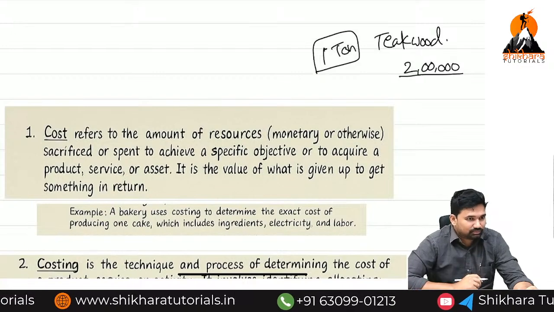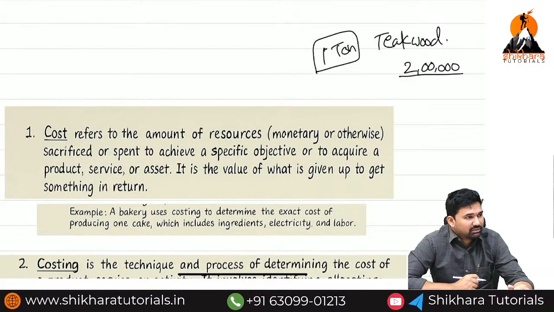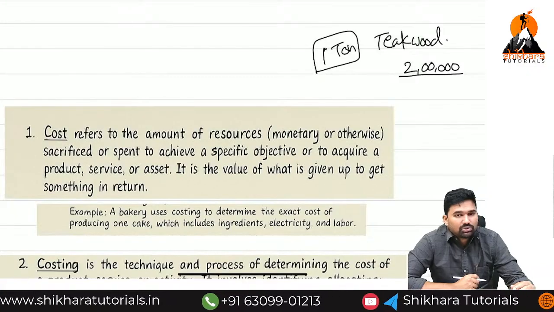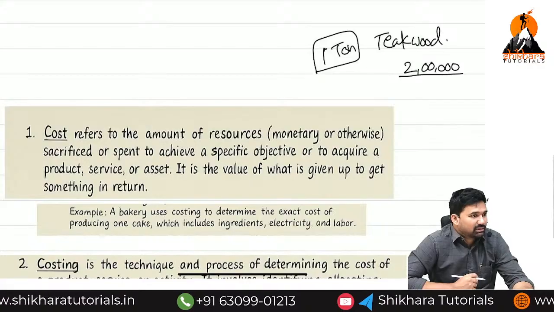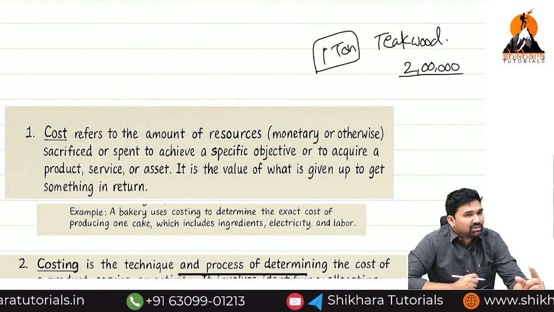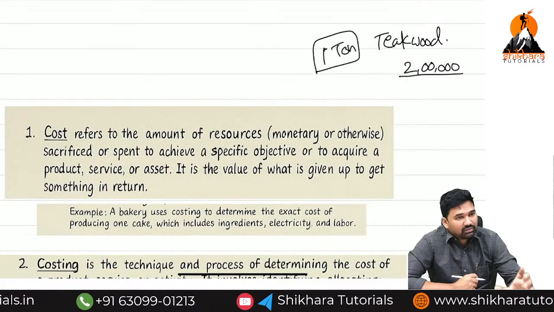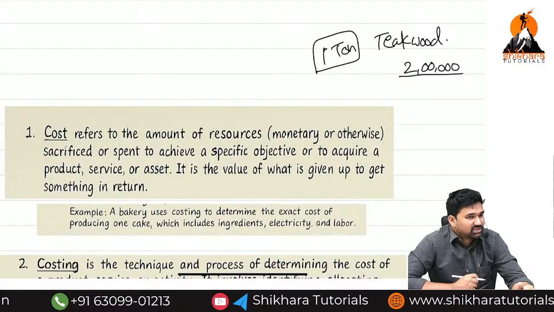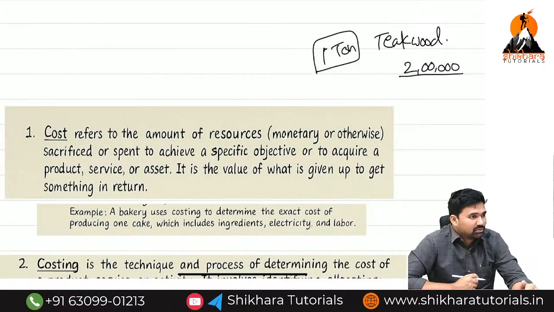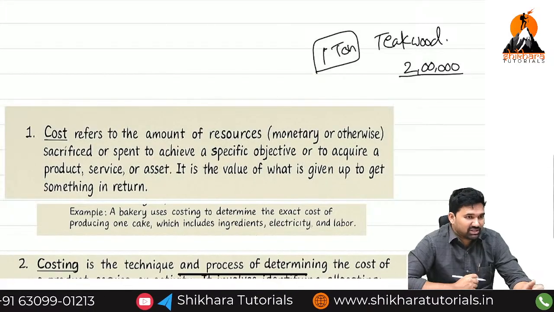Listen carefully. Now you wish to make a 6 by 6 double cot, right? So you hired 3 carpenters and they asked 1 month to produce the 6 by 6 cot from 1 ton teak wood. And they demanded 1 lakh rupees as their service charge.